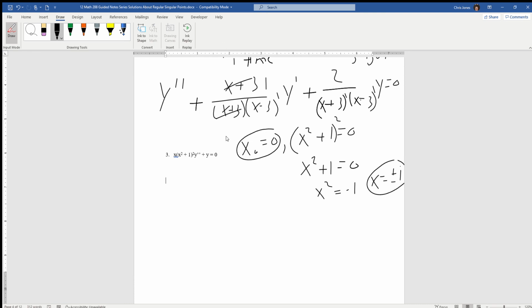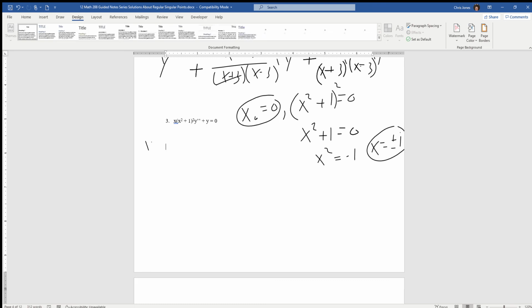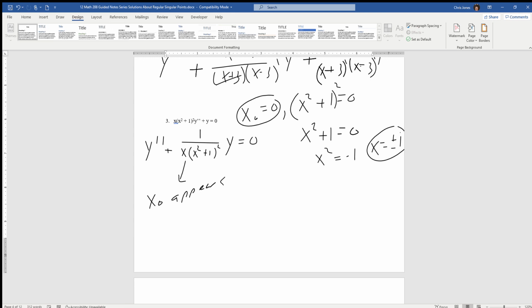Now, we're going to divide everything, so we're going to get y double prime plus 1 over x squared plus 1 squared y equals 0. Now notice that x equals 0 appears once. It has a multiplicity of 1. X squared plus 1 squared means that x equals plus or minus i appears twice.